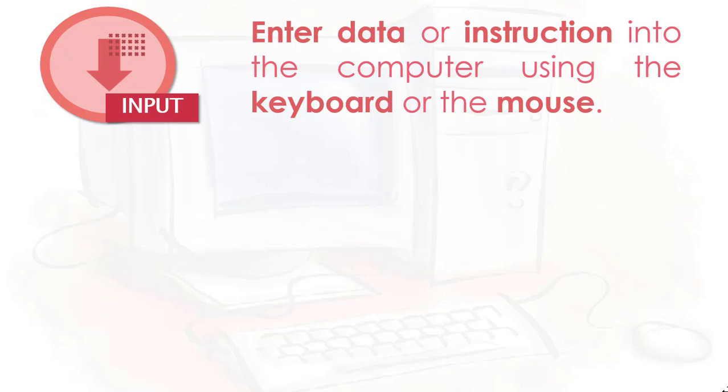If we are talking about the mouse, whenever we select something on the computer screen, we give an input to the computer system that you have to select some particular icon or some particular portion. That means whatever data we insert into the computer system is known as input.